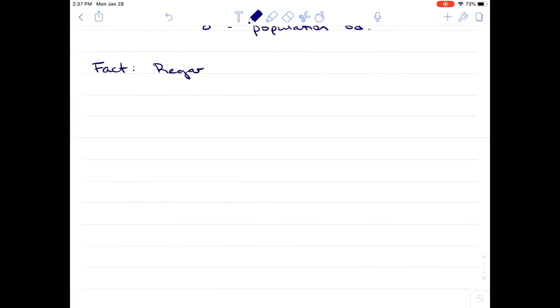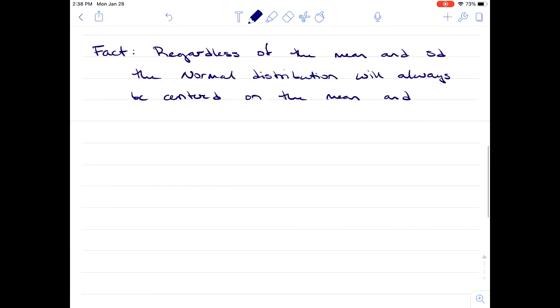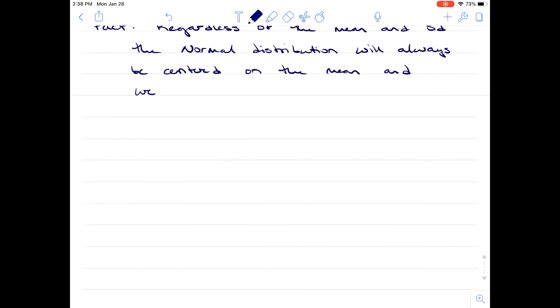Regardless of the mean and standard deviation, the normal distribution will always be centered on the mean, and we will only fit 3 standard deviations, and by that I mean population standard deviations, sigmas.